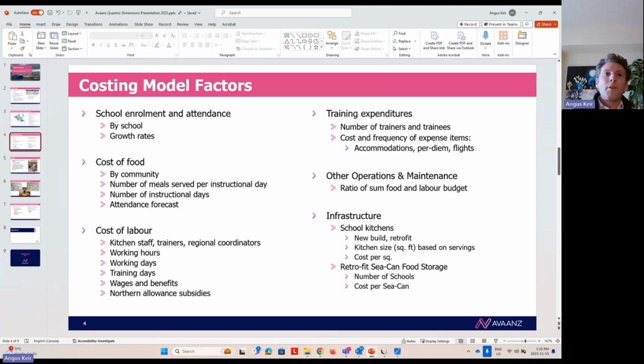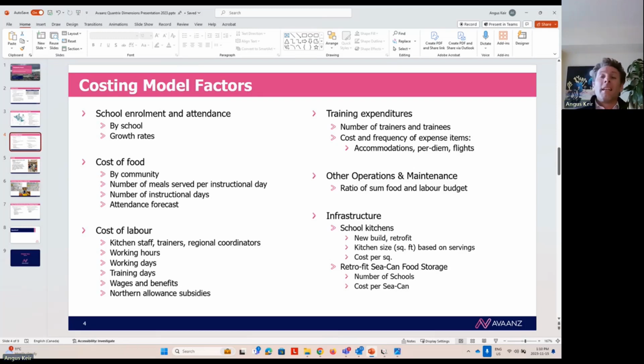The next aspect we looked at is the cost of labor. Again, this data is not really readily available. We could find the wages looking on the web, but determining how many staff you need if you're serving this many meals per day is harder. How many staff do you need if you're serving both lunch and breakfast? Is there a different amount for lunch than for breakfast?